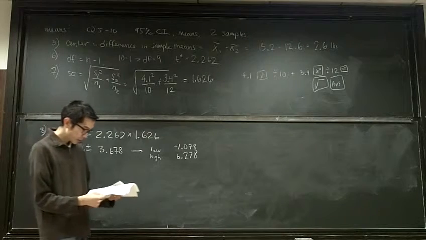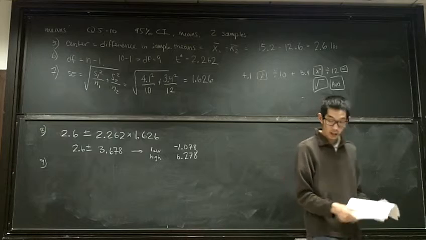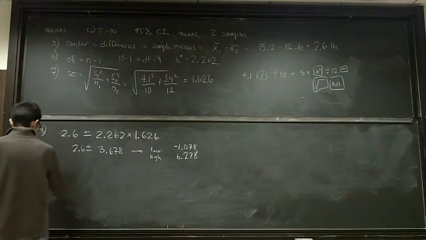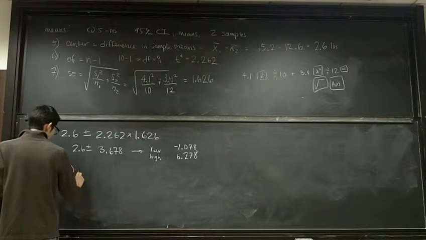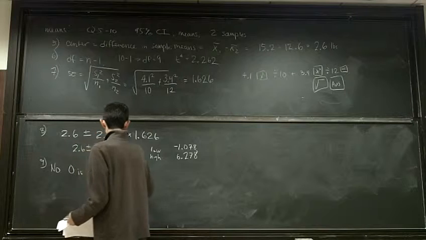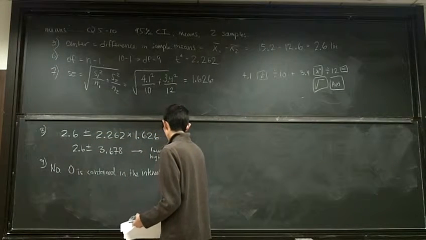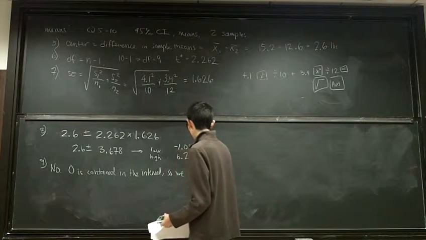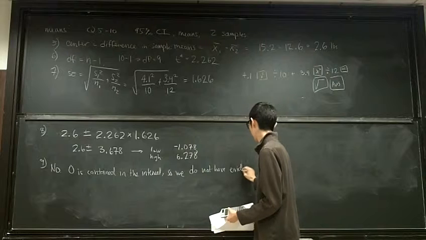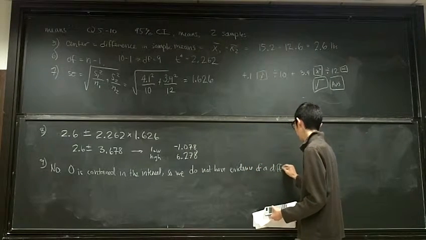Alright, and 9, it says, based on your 95% confidence interval, do you conclude that there's a difference in average weight gain? Okay, the answer is no. 0 is contained in the interval. So we do not have evidence of a difference in weight gain.